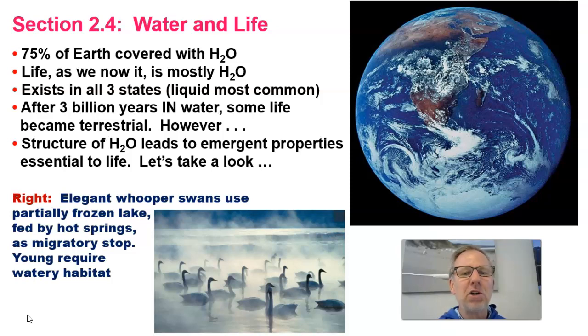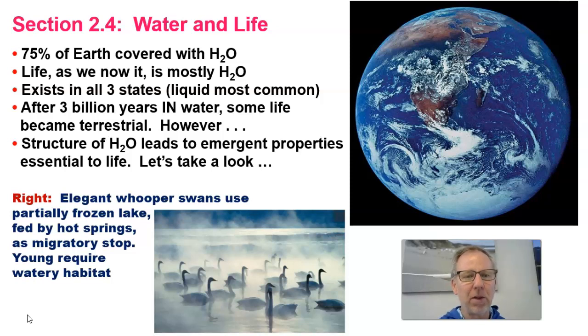So remember what emergent properties means. It means that when smaller parts are put together in a certain way to make a bigger system, new characteristics come about, new properties emerge that don't exist at the lower levels. And that happens even with the little tiny water molecules.